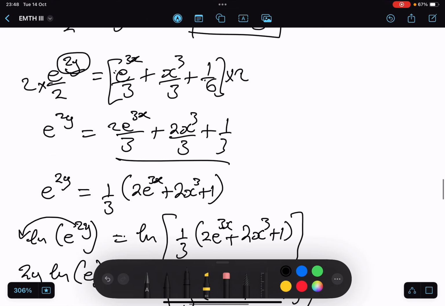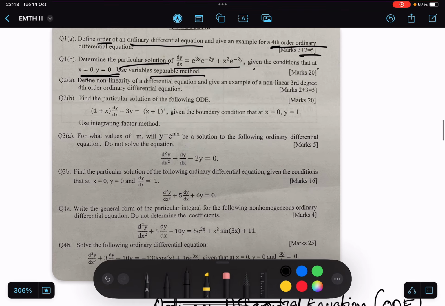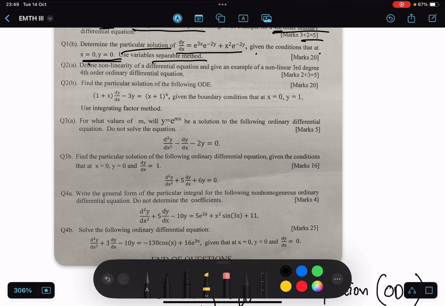particular solution. So moving to question 2, it says define nonlinearity of a differential equation and give an example of a nonlinear third degree fourth order differential equation.